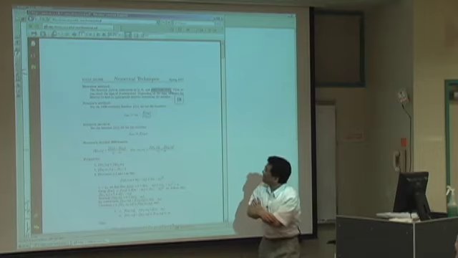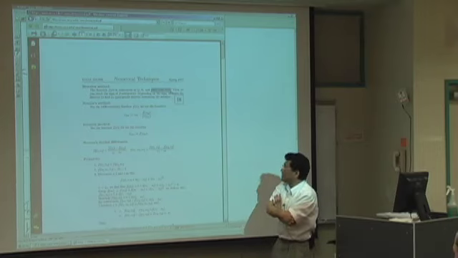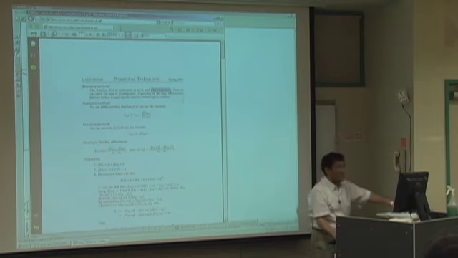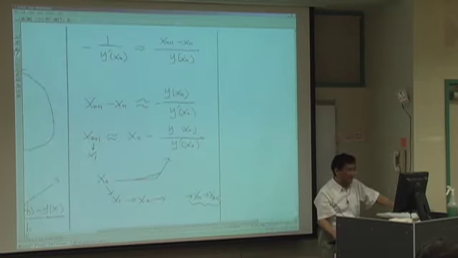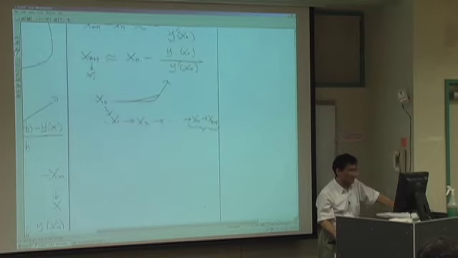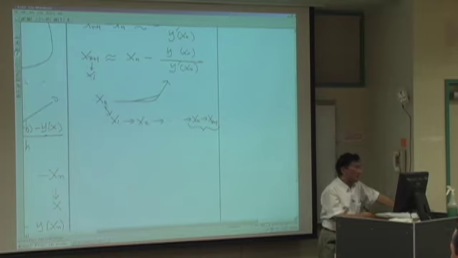Now the next method is the iteration method. Generally, it can be found differently. Iteration is this. As you can see, from x0 we found x1. From x1 we found x2, and so on.